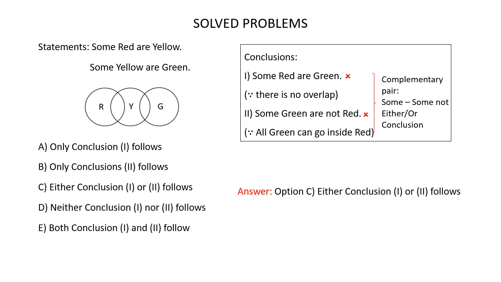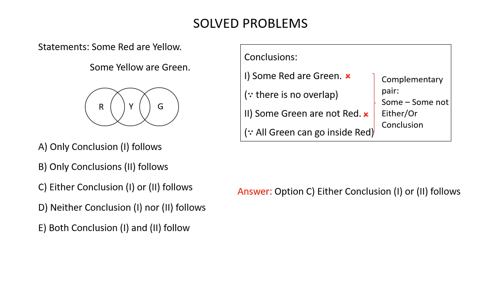So conclusion 1 and conclusion 2 are complementary pairs of the type some not. Now one thing you have to note here is that since the two conclusions are a complementary pair of the type some not, it does not matter if the subject and predicate are in reverse orders in the conclusions.